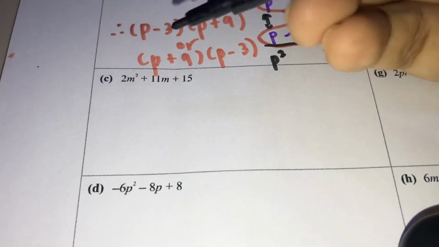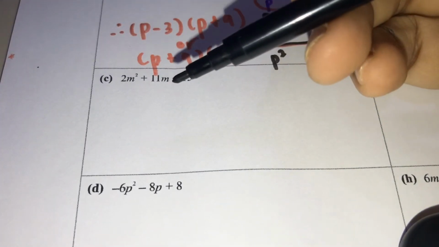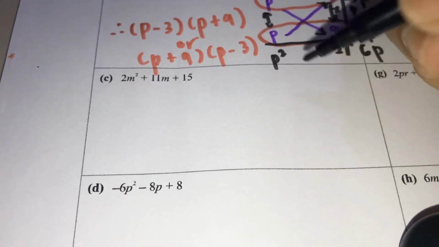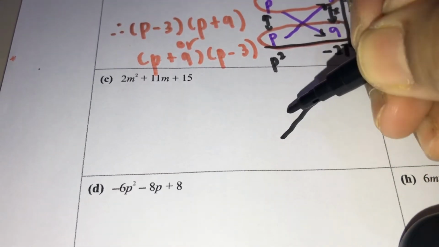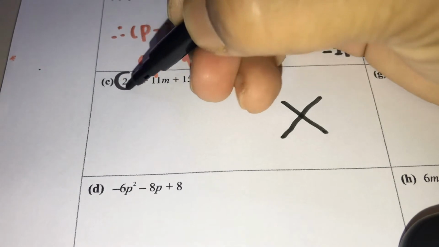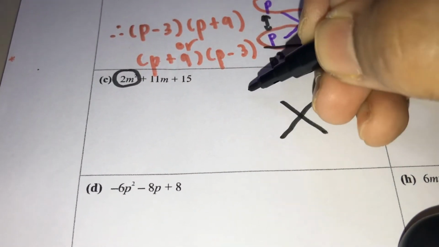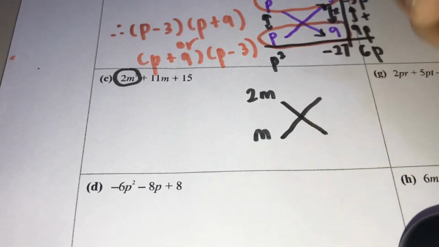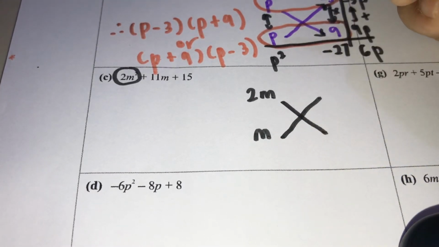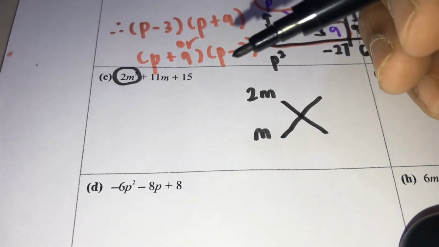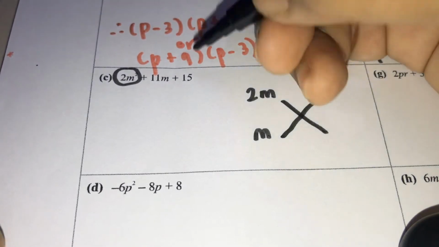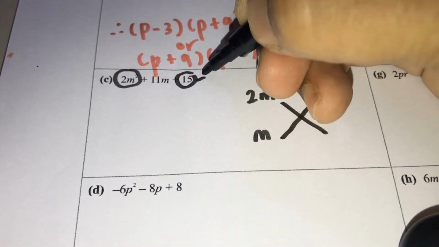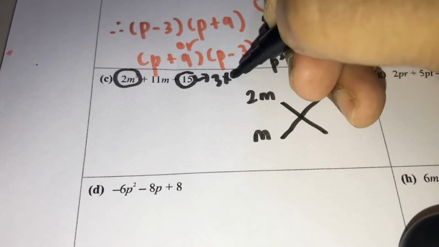Next question, question C. 2m square plus 11m plus 15. Draw cross. 2m square, so you can write 2m times m. 2m times m, you get 2m square. Now 15, factors of 15. 3 times 5, right?